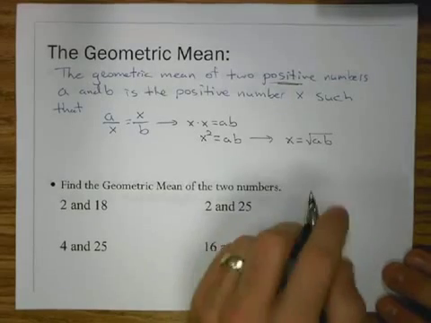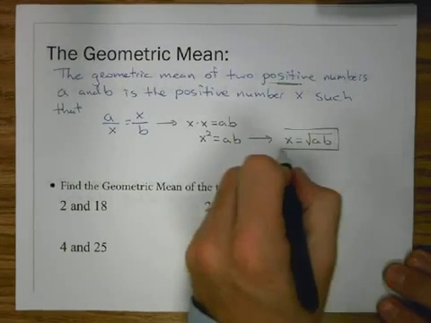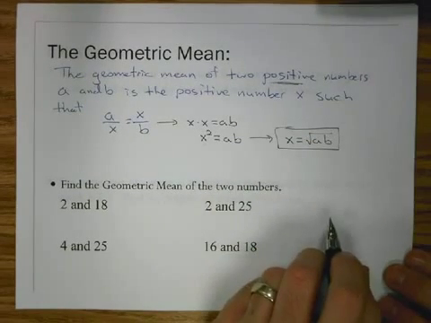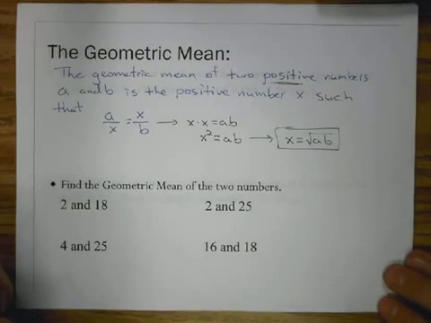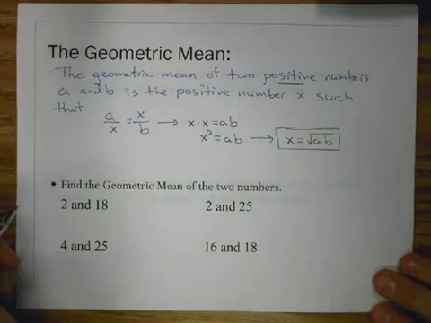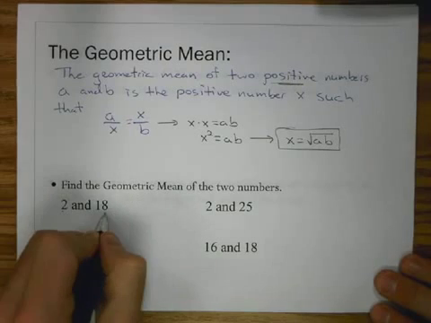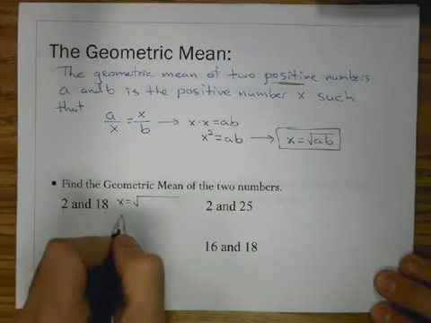So now I get x equals the square root of ab. Normally when we take the square root of both sides, we may have to worry about that plus or minus, but the fact we're looking for positive values, we're not going to worry about that. We're just going to say x equals the square root of a times b. So this is going to be the rule we're going to use for geometric mean. If they ask for the geometric mean of two values, we're going to multiply them and take the square root.